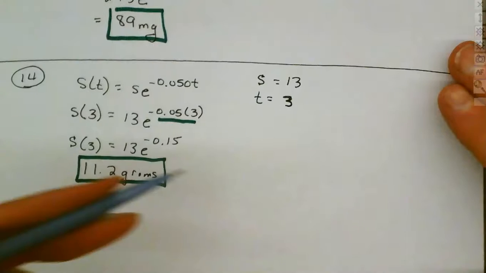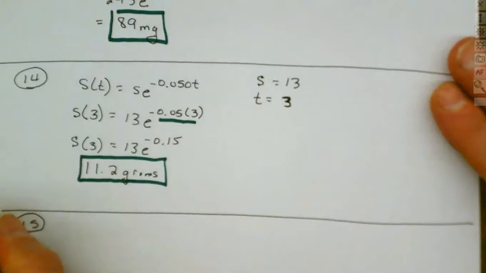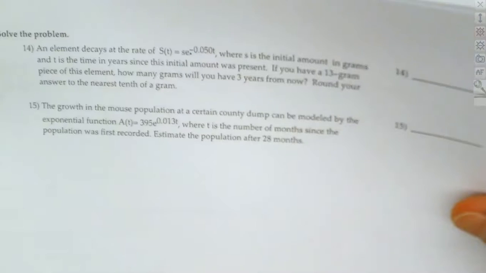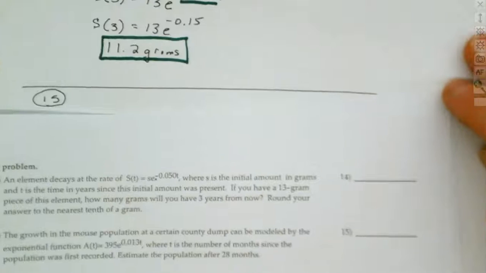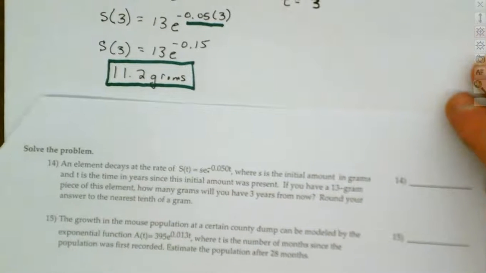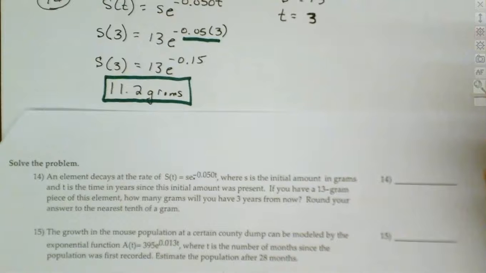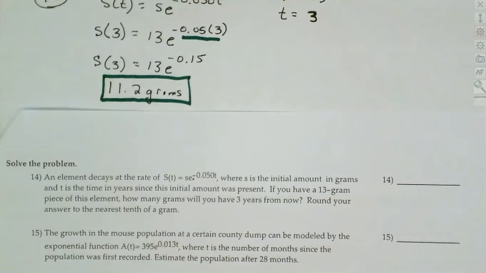Question 15 is another exponential. Try to get as much left on here as we can. So this one on 15, we are looking at mouse population at the local dump.